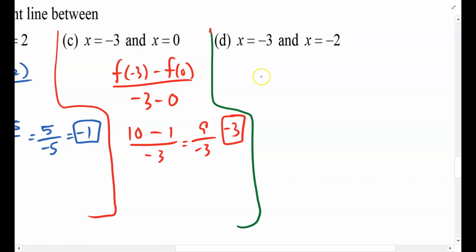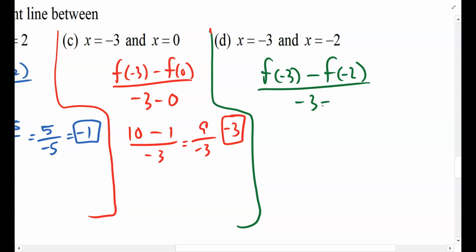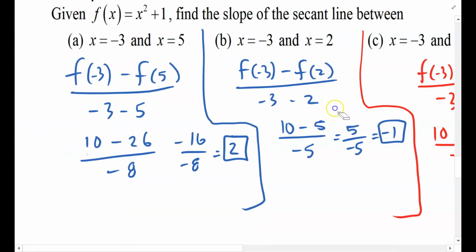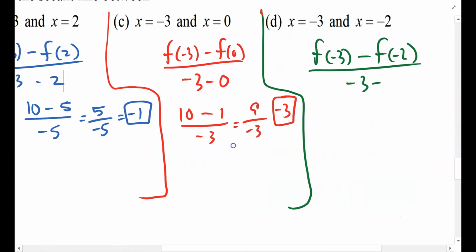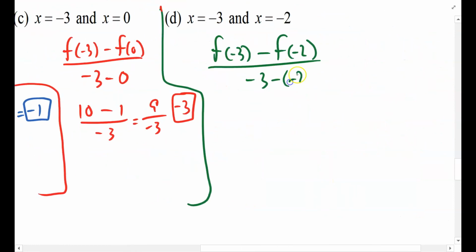All right, so I know this is getting a little repetitive with this f of negative 3, but that is okay. Now, be careful here because you're subtracting a negative 2, and it'd be very easy just to write minus 2, but it is minus a negative 2, which is going to make it a plus 2 on the bottom.